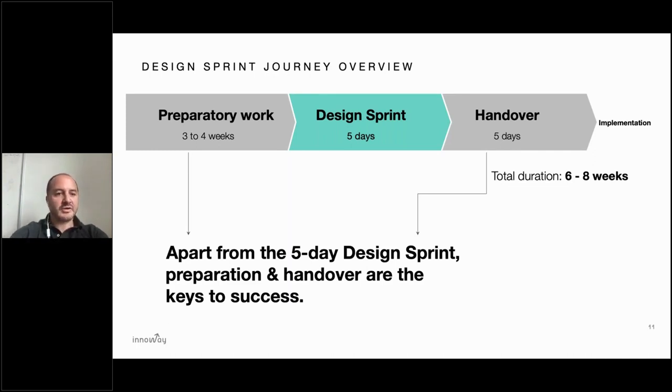The preparatory work is usually 3 to 4 weeks, and this depends on how fast we can work with the client in terms of gathering certain information, talking to stakeholders and things like that. And also there's another 5 days on average after, which is the handover, where we will make sure that whatever we have designed and validated during the design sprint can be implemented in the next weeks.